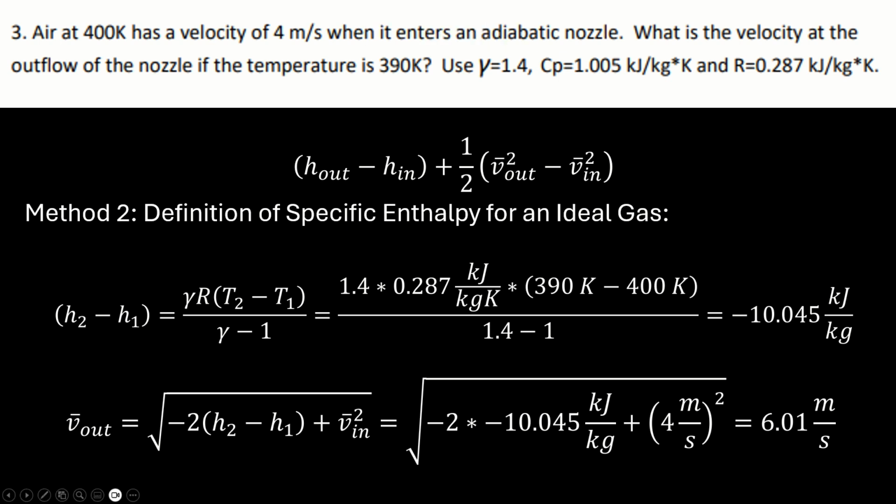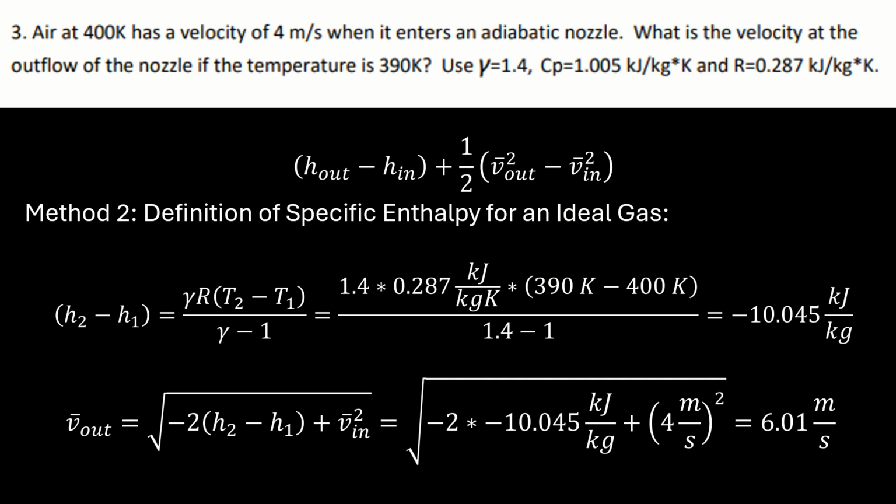Now then, we have a second way to solve this by using a different replacement for the difference in specific enthalpies. Depending on what parameters you have available, we could also just use gamma times R times the change in temperature divided by gamma minus 1. And what that ends up being is 1.4 times 0.287 kilojoules per kilogram Kelvin times 390 Kelvin minus 400 Kelvin divided by 1.4 minus 1, which again comes out to negative 10.045 kilojoules per kilogram.